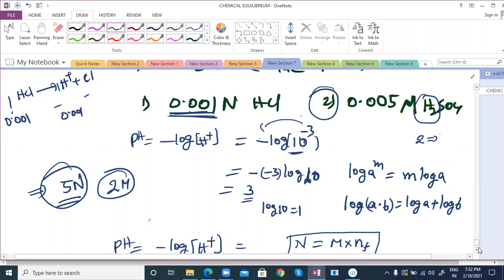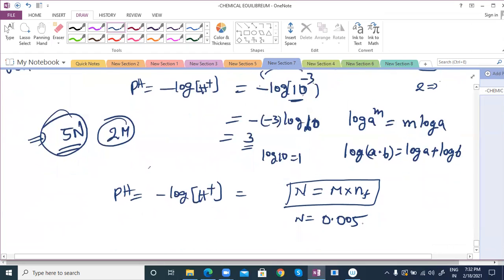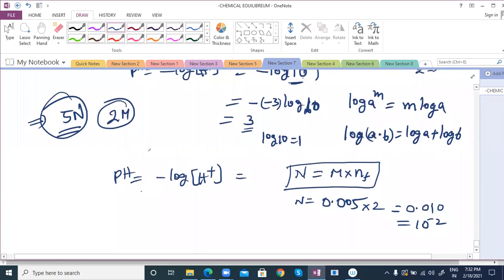So into 2, how much will we get here? 0.010, nothing but 10 power minus 2. Substitute here: minus log 10 power minus 2, so nothing but 2 is the pH. Got it?